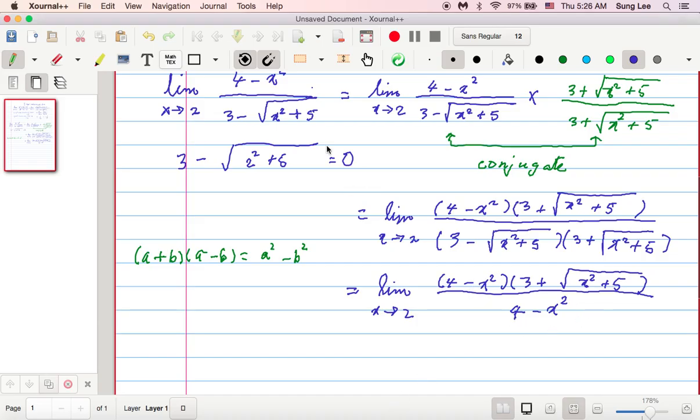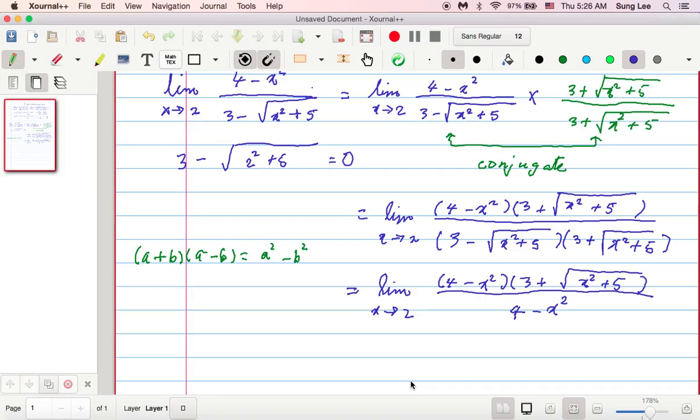That's what makes both the numerator and the denominator 0 when x equals 2. But x is approaching the number 2, so x is never equal to 2, although it gets closer and closer indefinitely to 2.